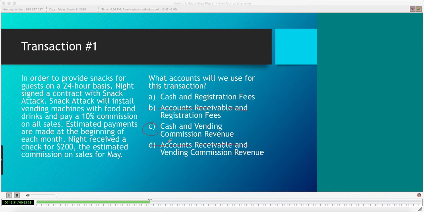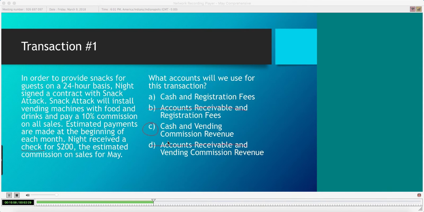It's vending commission revenue. And this is where your closing entries get a little tricky. If you remember the acronym where we're closing revenue accounts first, instead of just having one revenue account, we're going to be closing two. So you're going to have two debits. You're going to have a debit to registration fees and a debit to vending commission revenue.